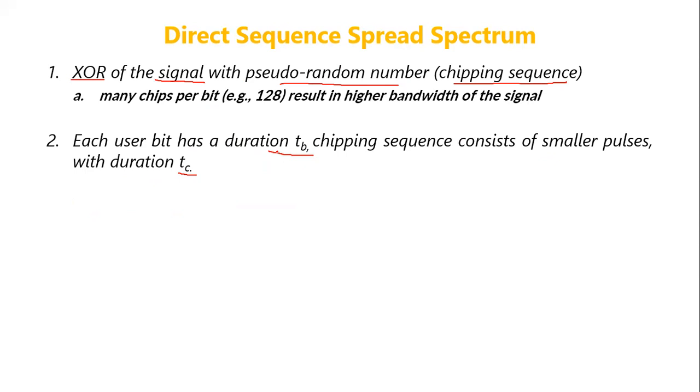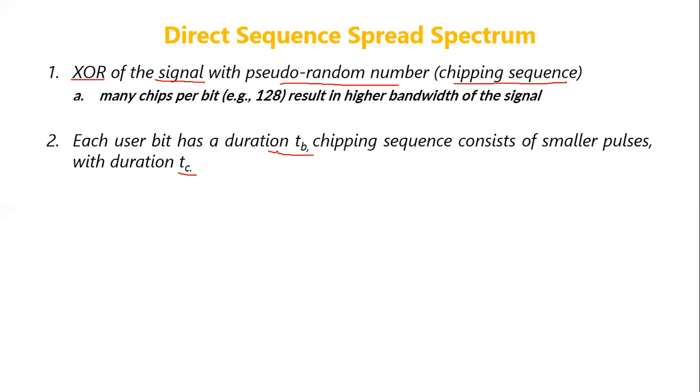Multiple chipping pulses put together will equal one duration of the actual user bit. So the clock pulse of a user bit will be larger, whereas the clock pulse of the chipping sequence will be much smaller.